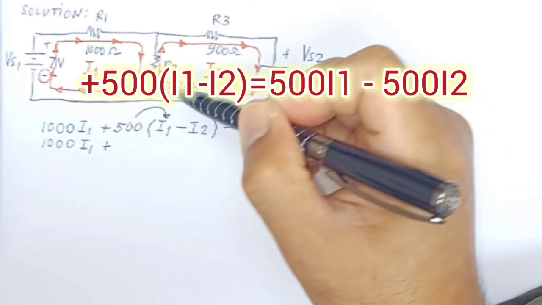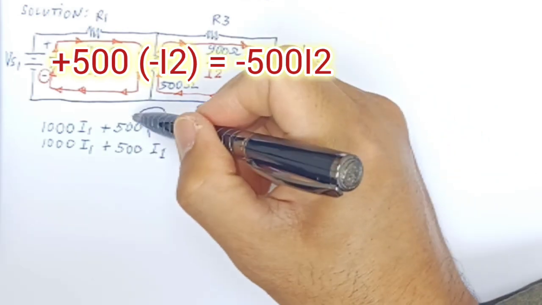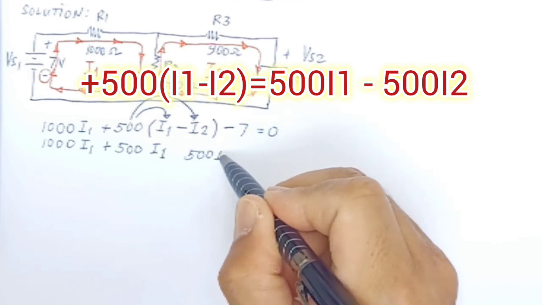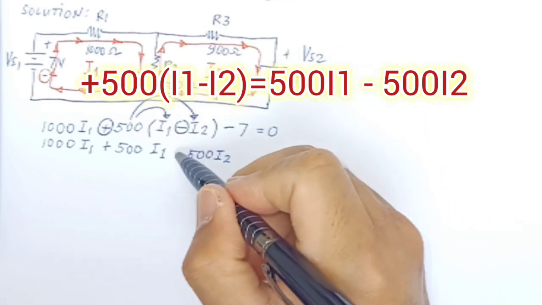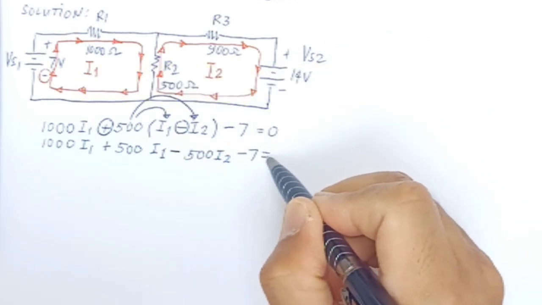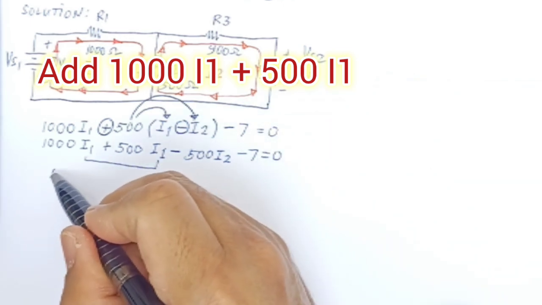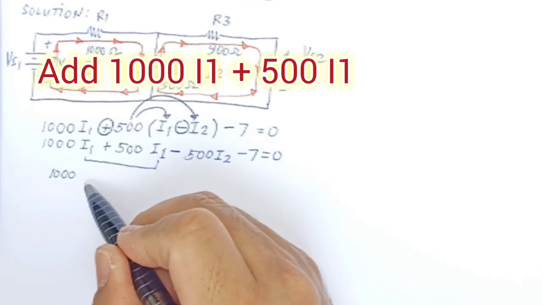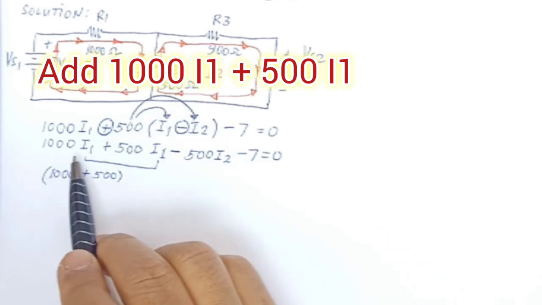1000 I1 plus 500. Then we factor in the 500. We will have 500 I1 and 500 I2. But this is positive and this is negative, so we will put a negative here. Then we copy minus 7 equals 0. You see here I1 and I1 have the same name, so 1000 will be added to 500 because both of them have I1.